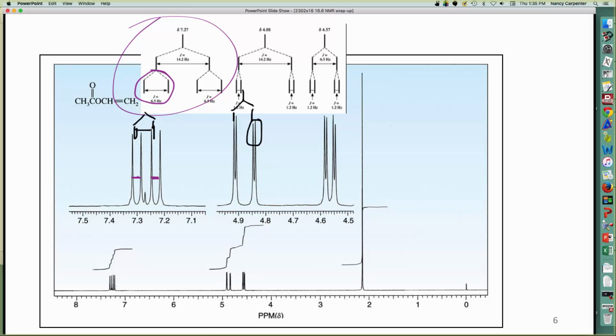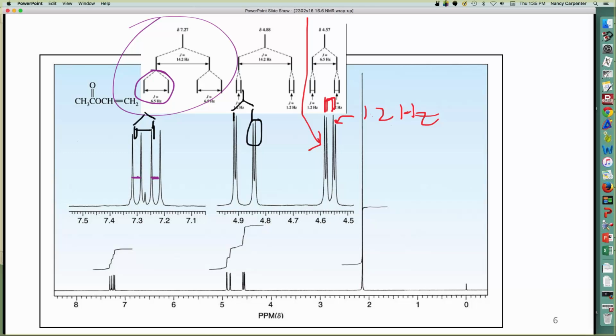And then finally, we can point out this guy. Again, the tiny gap, the 1.2 hertz gap for the geminal coupling, and the larger cis coupling constant as evidenced from the middle of each of those two doublets.